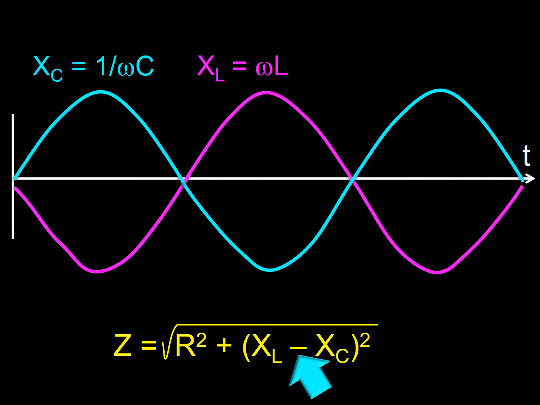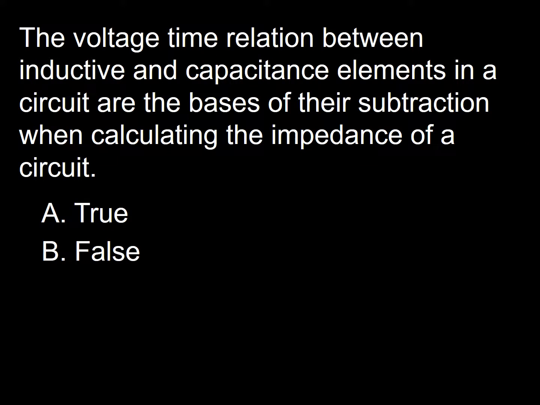And as you can realize, they work against each other. It is for this reason that in the impedance formula they are subtracted from each other. I think the order of subtraction is dictated by the magnitude of the factors involved. The one smaller is subtracted from the one that is larger. But I may be wrong. So the answer to this question is true.